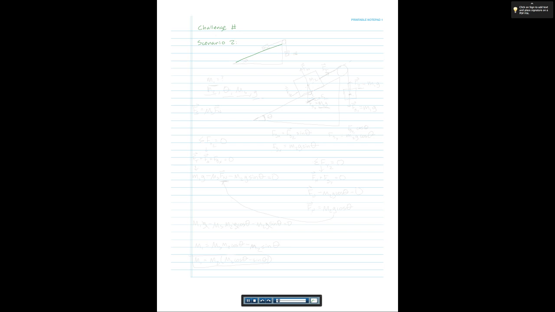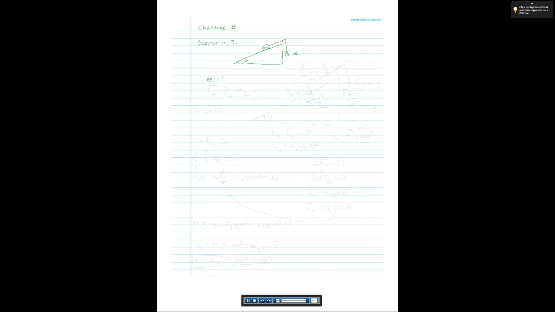So here is our setup. If you recall, we had an angle theta, we had M2 attached to the pulley, and hung from the pulley was M1. In scenario 2, we had to come up with an expression for the mass of my hanging block, but now we had friction to contend with.